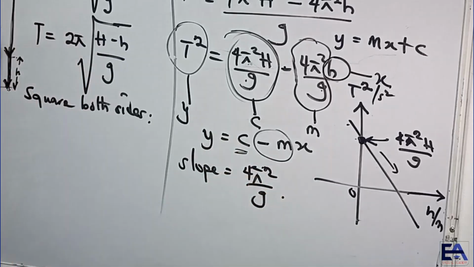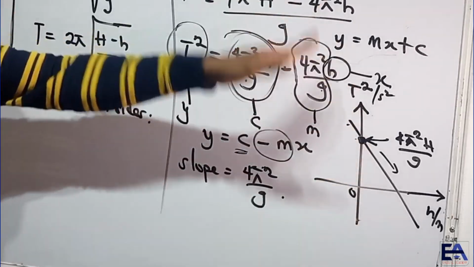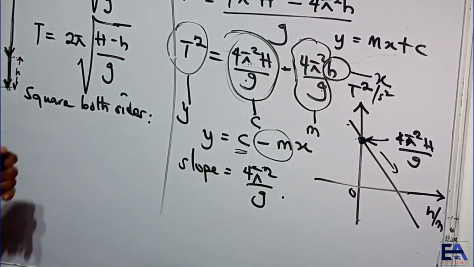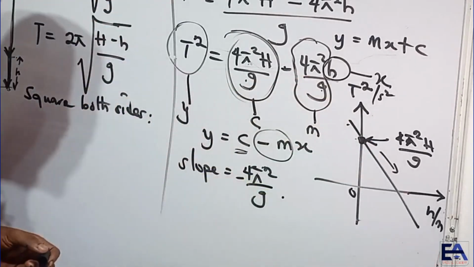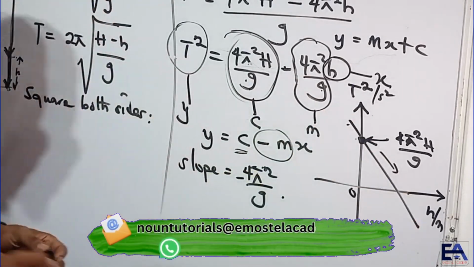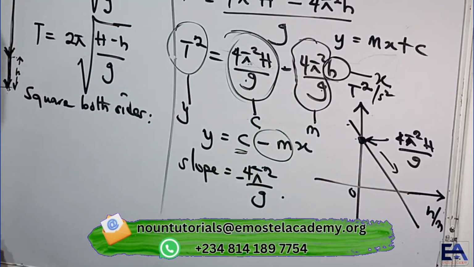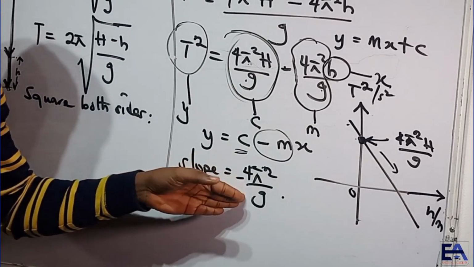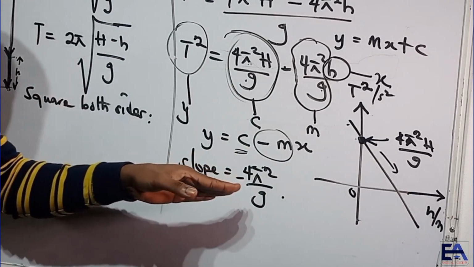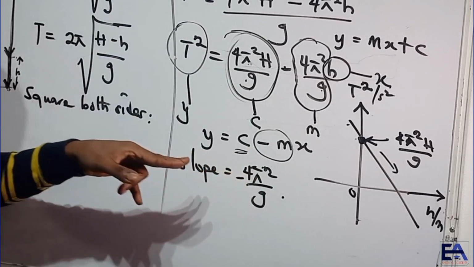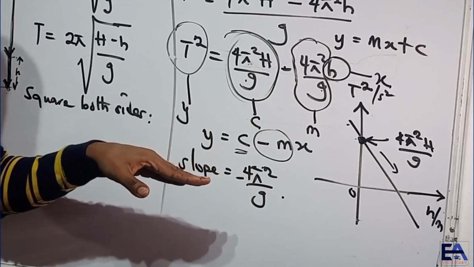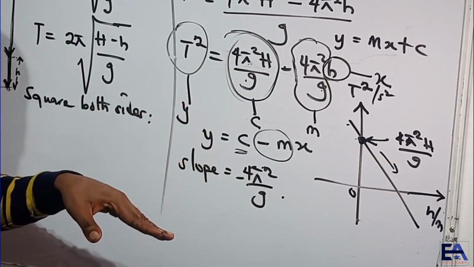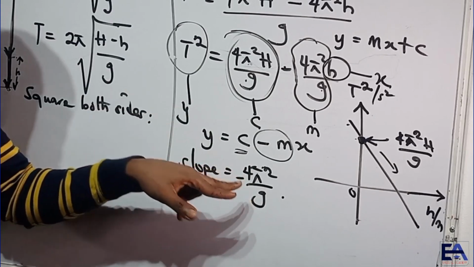So if I actually plot this graph and obtain the slope of the graph, whatever result I get as the slope, I will equate it to 4 pi squared over g, and then from there, I'm going to get the value of the acceleration due to gravity.